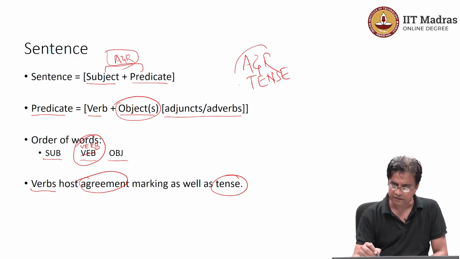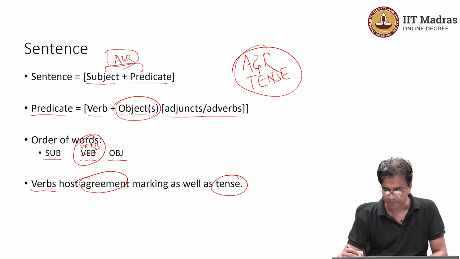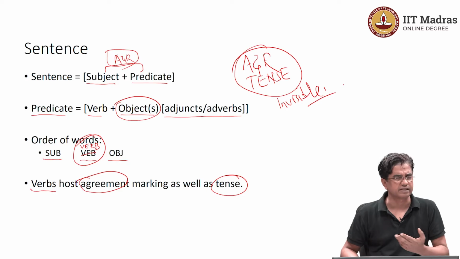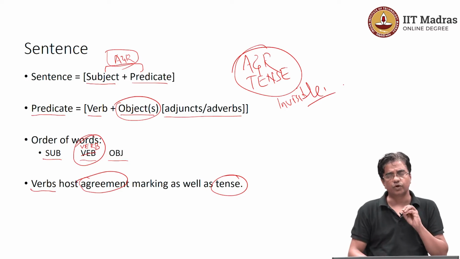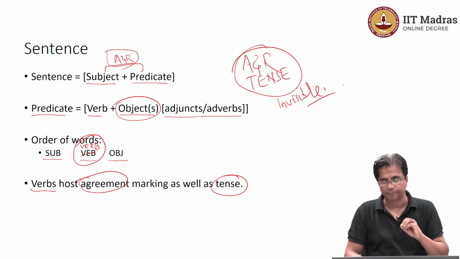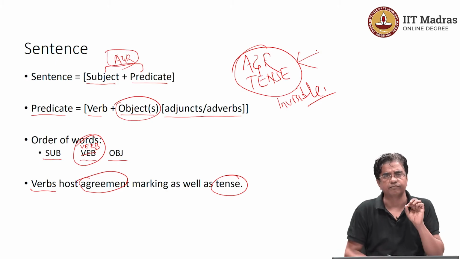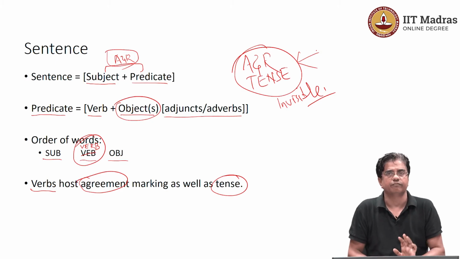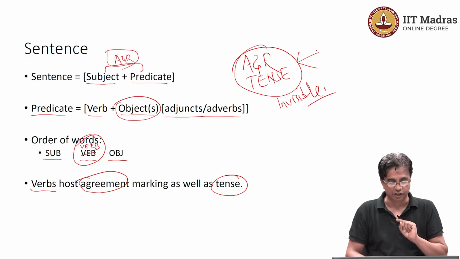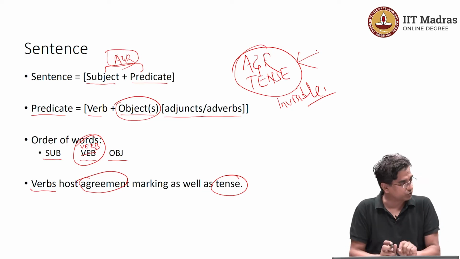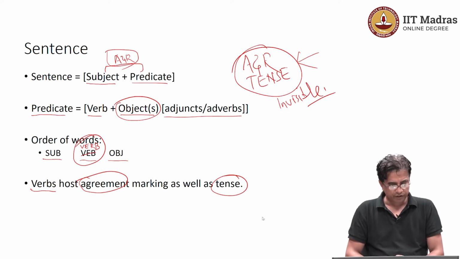These are sort of invisible things in a sentence. Sometimes they become visible, sometimes they may not appear in a sentence. So, what we know about them is they are functional elements. They may not become visible at times, but they play a very critical role in putting these two things together.